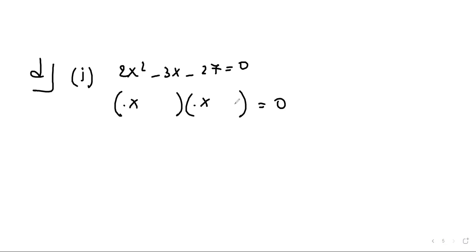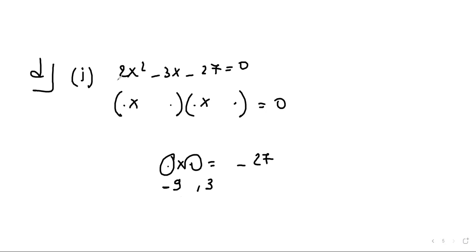And then I have two numbers here whose product is equal to negative 27. Well, from the negative 27, I understand that the two numbers got different signs, right? For example, I can think about negative 9 and 3, or 3 and negative 9. And here it comes, it's for you to try which one is better, right?